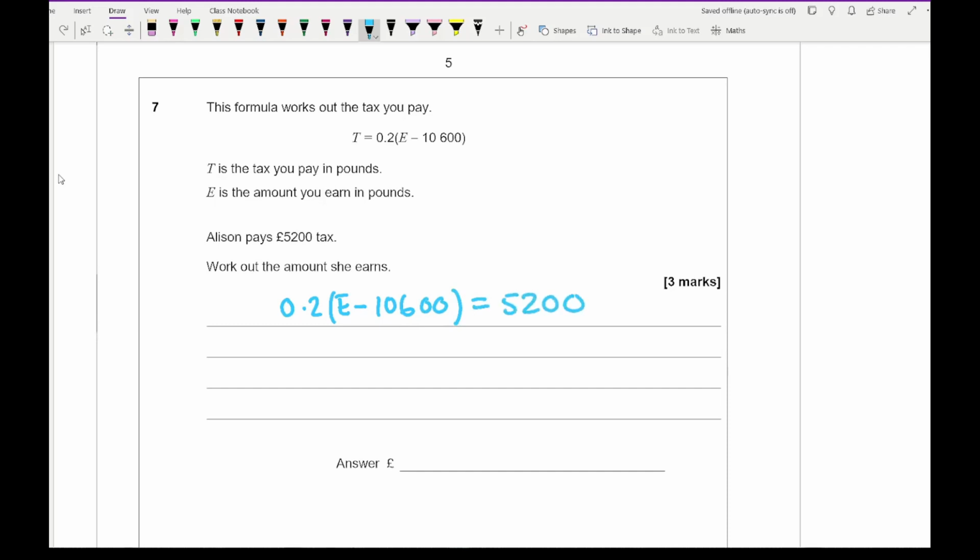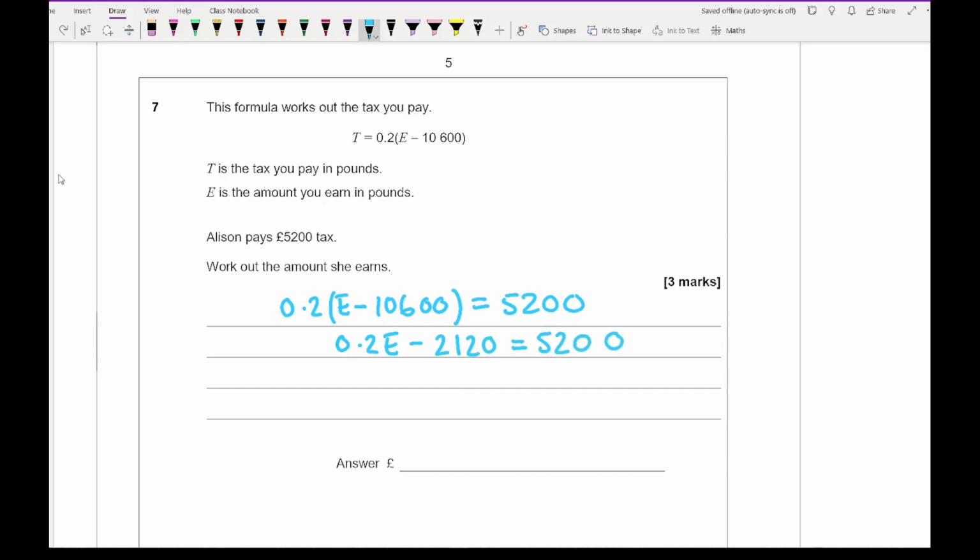Now, rather than dividing by 0.2, which is definitely possible, most people would probably see the brackets and expand them. So we get 0.2e minus, and it's going to be 0.2 times 10,600, which gives me an answer of 2120, equals 5200.